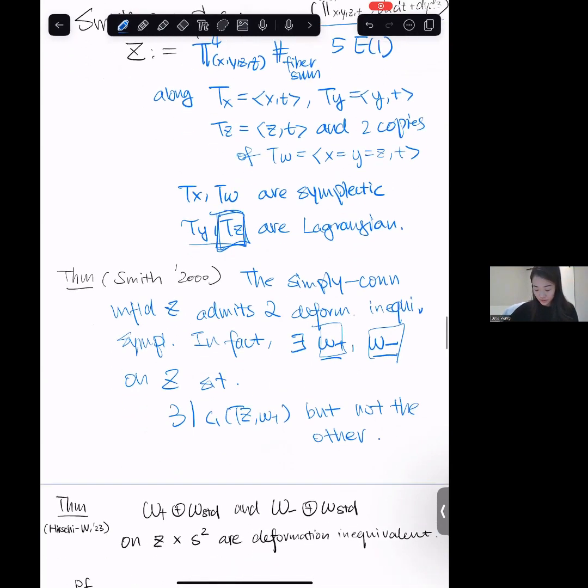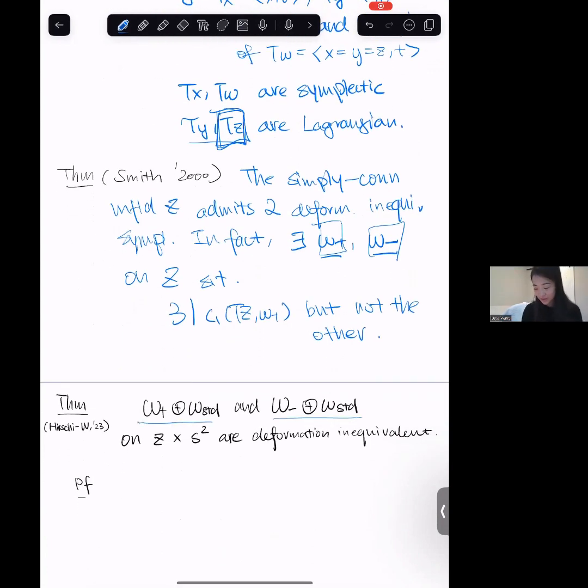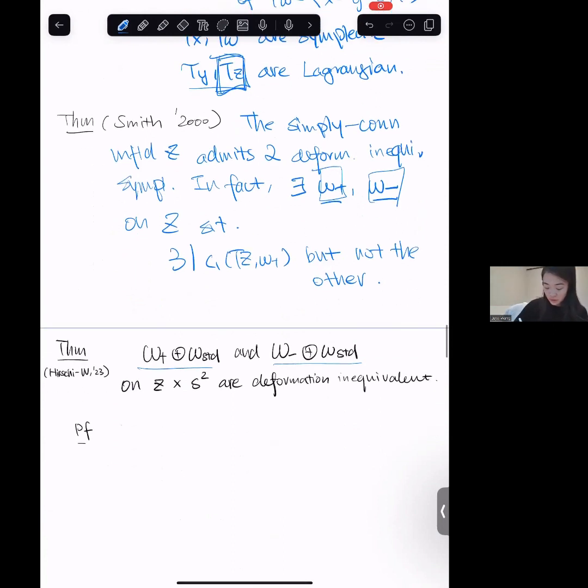Okay, so these are the symplectic forms he had, and then our job is just to show that they remain non-deformation equivalent. As I said before, we already have these algebraic sufficient conditions, so we just need to check them.